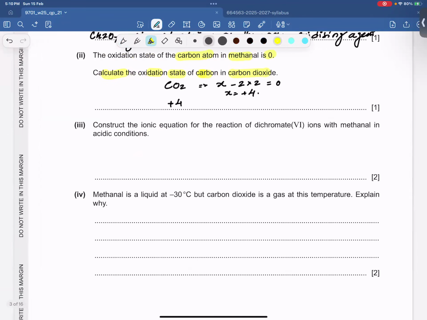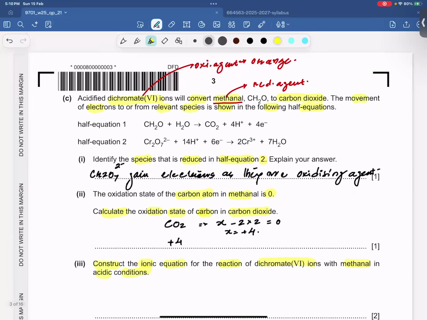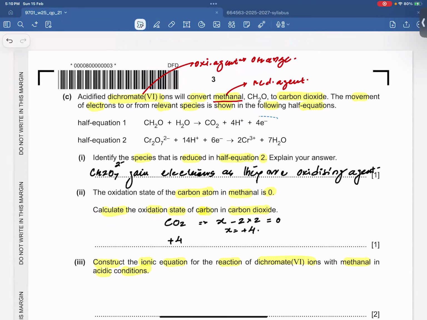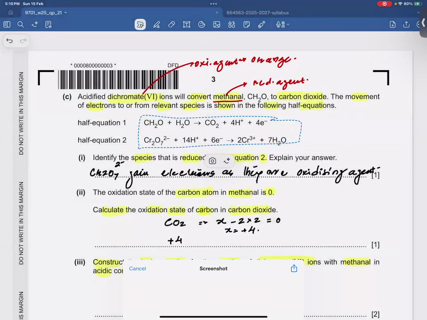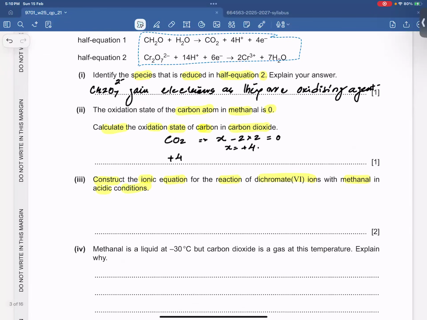Construct the ionic equation for the reaction of dichromate 6 ions with methanol in acidic condition. So what we can do is we need to balance the number of electrons of each half cell. Then we need to cancel out the number of electrons and then we'll get the answer. Okay, so let me write this down again.